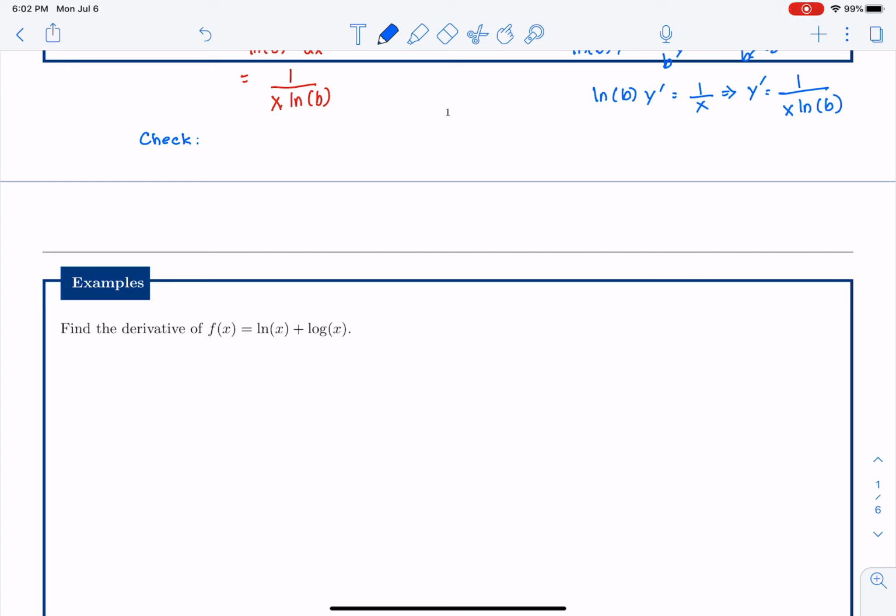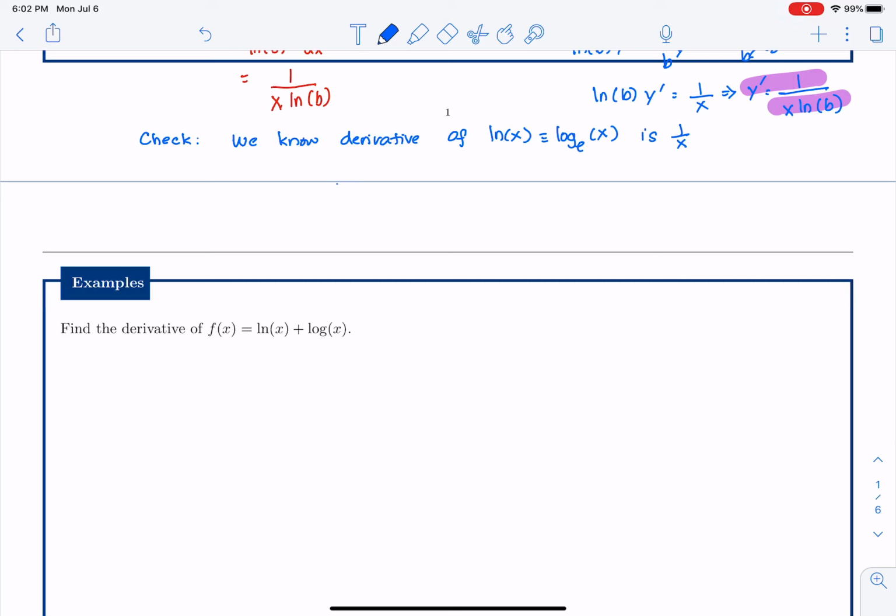I mentioned the derivative of ln of x is 1 over x. So does that work if I plug it in this formula? We know ln of x is the same as saying log base e of x. So let's go ahead and plug it in the formula that we derived using the two approaches.